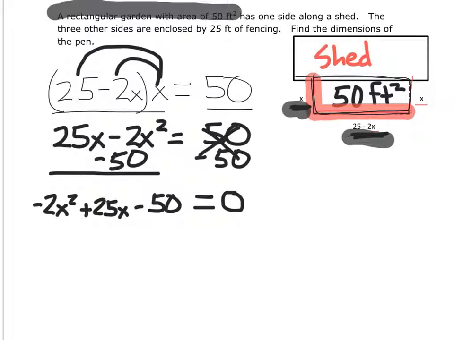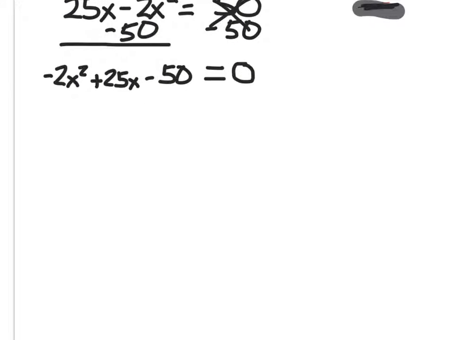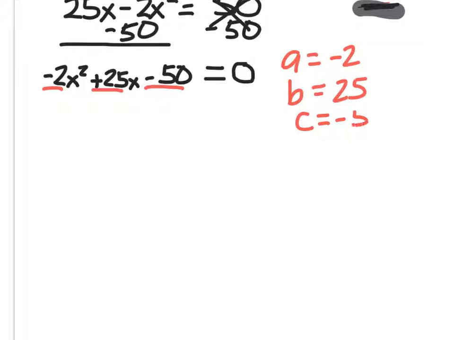So I need to solve for x, so I can substitute it in here and here. I'm going to use the quadratic formula. So notice this is a, this is b, and this is c. I'm going to write that off to the side. A is negative 2, b is 25, and c is negative 50. So I need to plug those numbers into the quadratic formula.